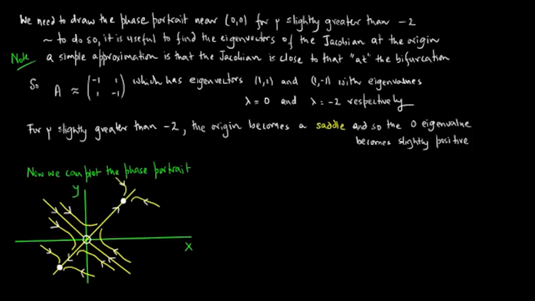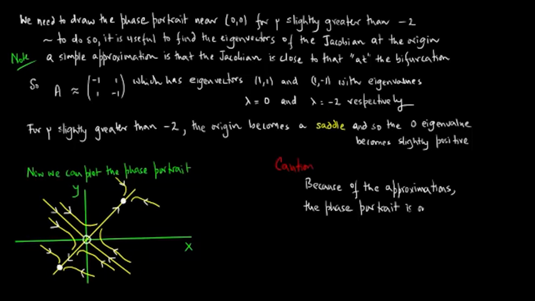And that now completes the phase portrait. We have a word of caution: because of the approximations, the phase portrait is only valid locally in both parameter and phase space.